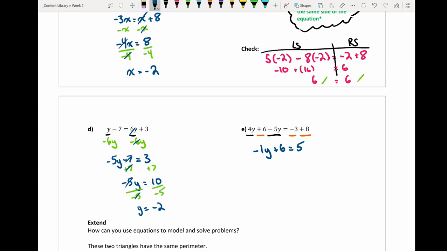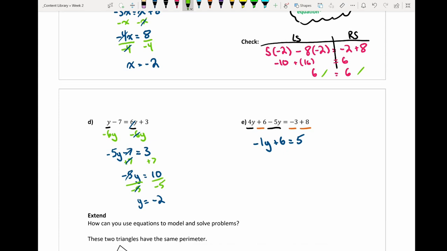Next, I have multiple steps here, so I want to get rid of the addition or subtraction first. To get rid of the plus 6, I need to minus 6. I'm going to minus 6 from the other side. It'll cancel out on one side, so I'm left with negative 1y equals negative 1.